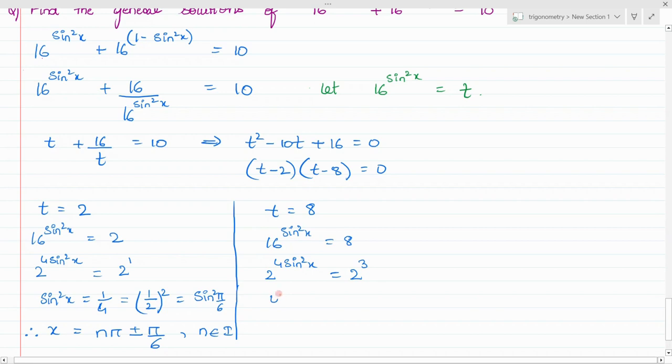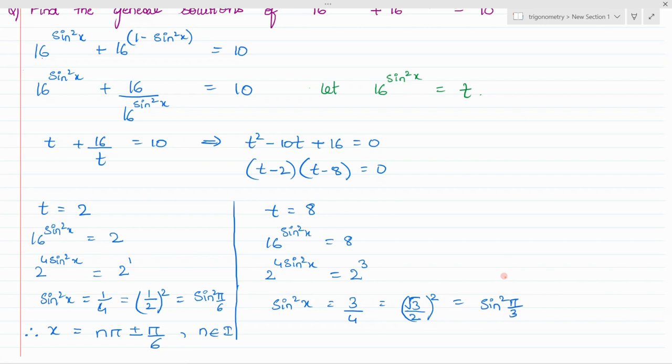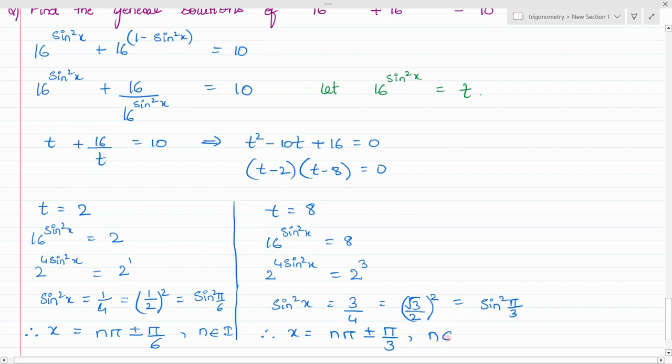From here, directly we can write it as sine square x is equal to 3 by 4, which is nothing but root 3 by 2 whole square. So sine square pi by 3. Again, it's in the form of sine square theta is equal to sine square alpha. Therefore, x is equal to n pi plus or minus alpha. Alpha is nothing but pi by 3. Again, n belongs to all the integers.